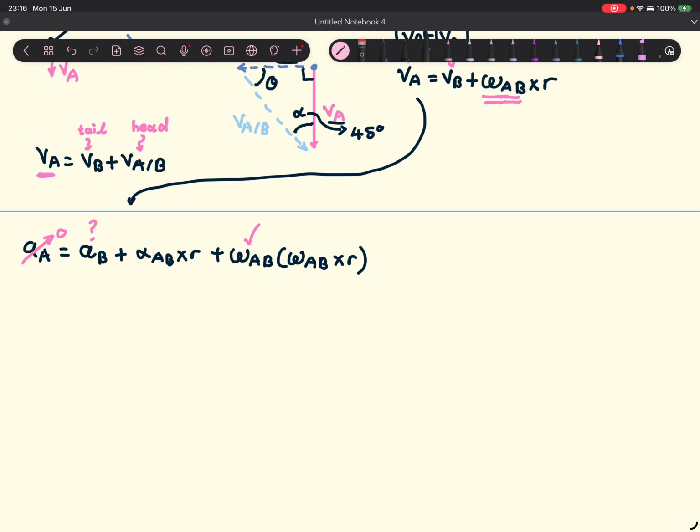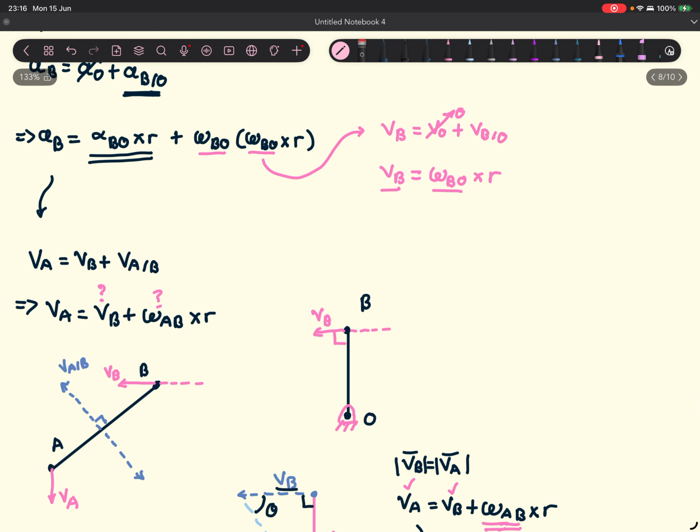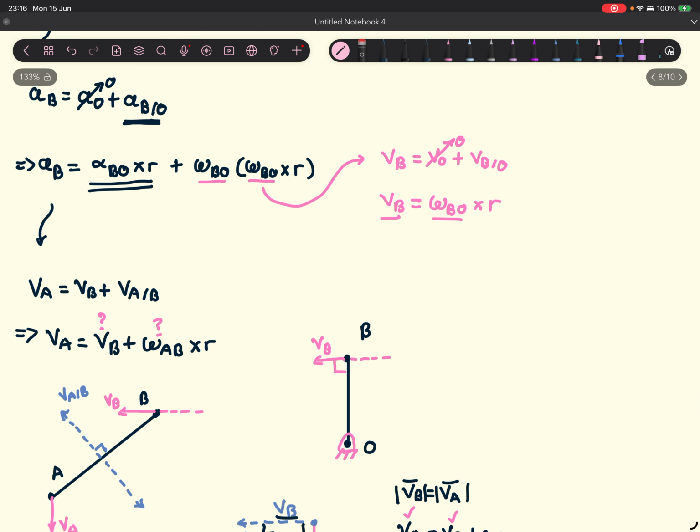So we just need to find the acceleration of B, right? But they're asking us for the tangential acceleration of B, right? And going back to this equation over here, we have this part, which is the tangential, and we have this part, which is the normal.